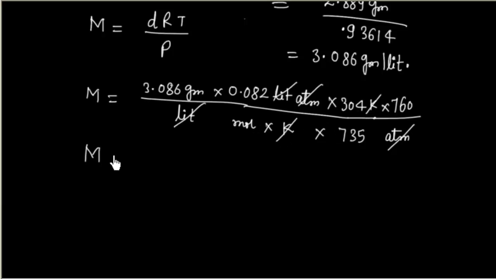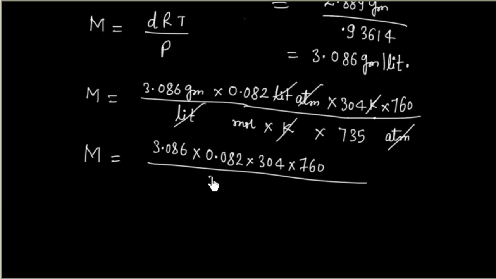So we have molecular mass equal to 3.086 times 0.082 times 304 times 760, divided by 735, and this unit will be gram per mole.